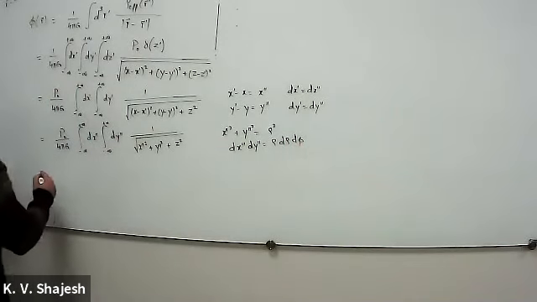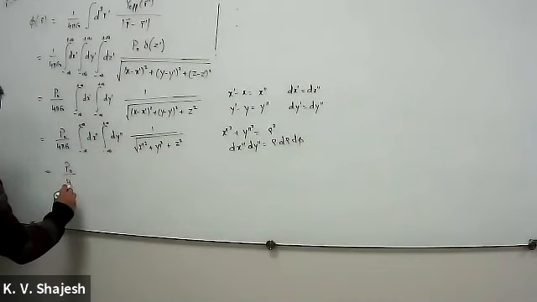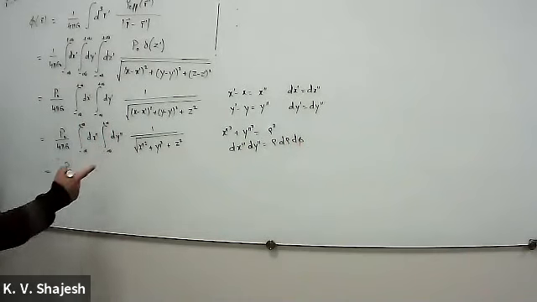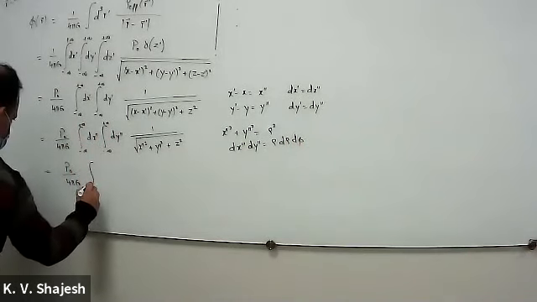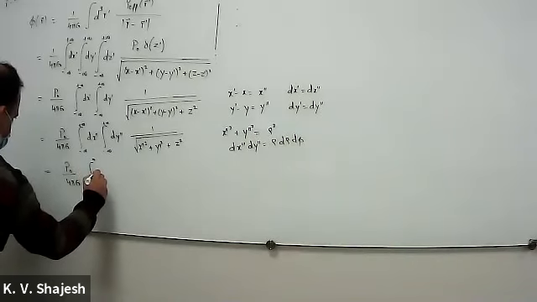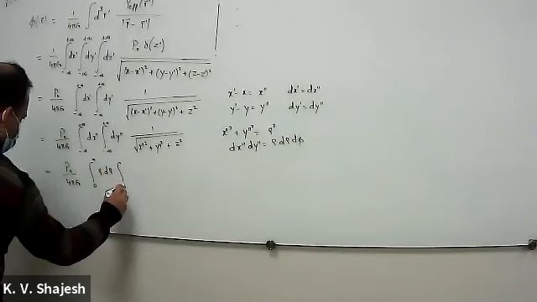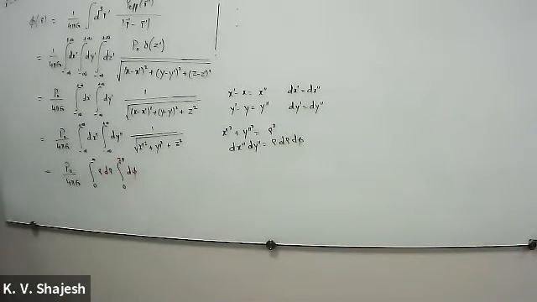So this is the same as P naught over 4 pi epsilon naught times, now instead of going from minus infinity to plus infinity, you go from 0 to infinity for rho, and from 0 to 2 pi for phi.